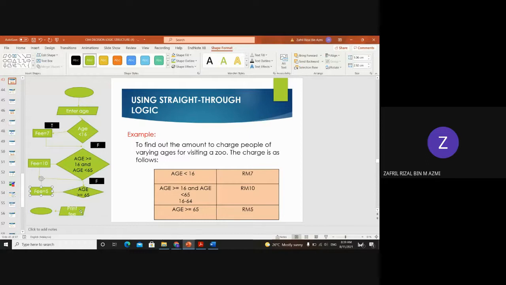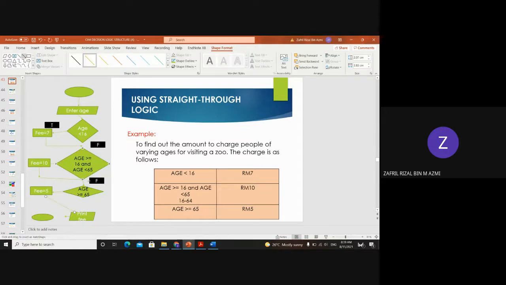Then it will go to print. This one false, nothing will happen. Okay, false, nothing will happen.